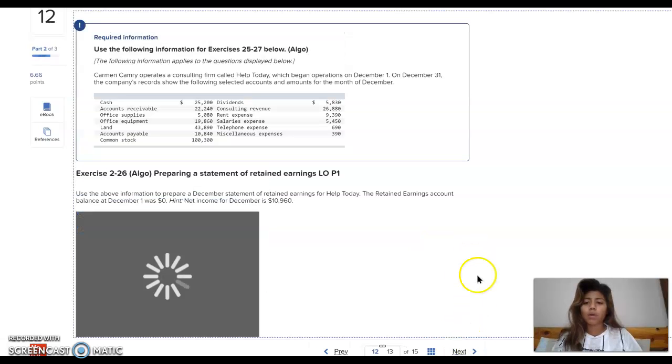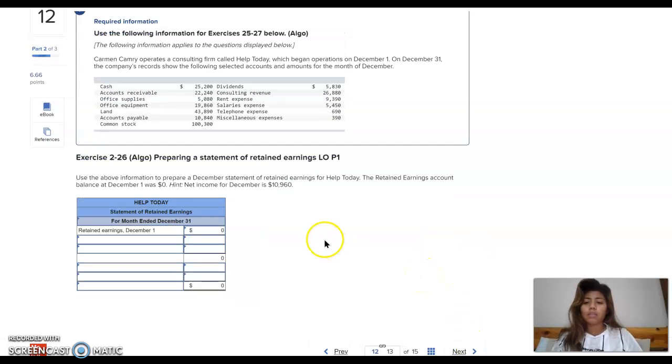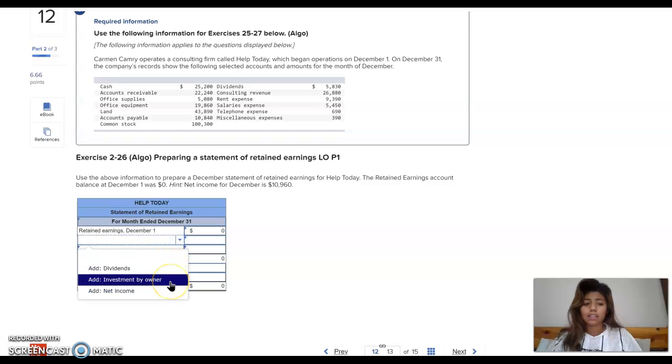Now we're going to move forward to the statement of retained earnings, and we're going to do the same thing. We're going to do for the month ended December 31st. Don't forget to add this part because you lose points. And then we have the retained earnings for December 1st, and it says right here it was $0, and then the net income of December is 10,960. So we're going to add that.